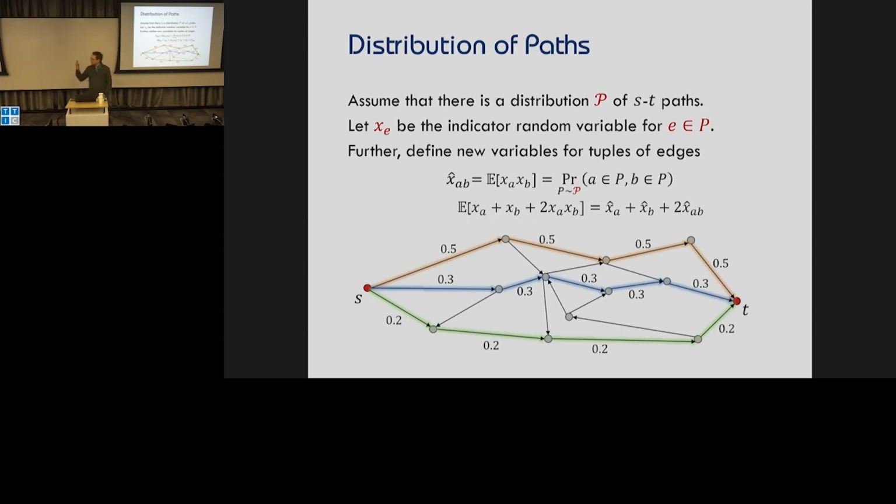Note that variables XA and XB are generally dependent, so we cannot say that this is simply the product of XA hat and XB hat. That's not true. Once we define these new variables, we can express expectations of high degree polynomials. For example, the expectation of XA plus XB plus 2XA times XB is equal to this expression.